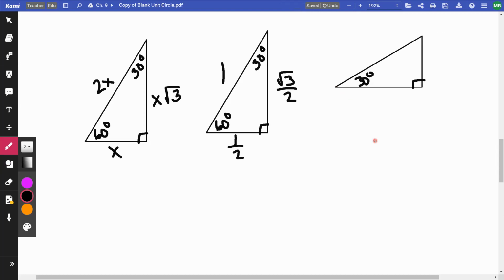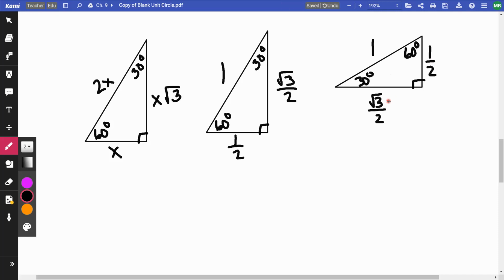This is going to be my 60. Again, if my hypotenuse is 1, across from my 30 is going to be half of that, a 1/2. I take what's across from my 30, I times it by root 3, and I get what's across from my 60. So it's going to be root 3 times 1/2, or root 3 over 2.